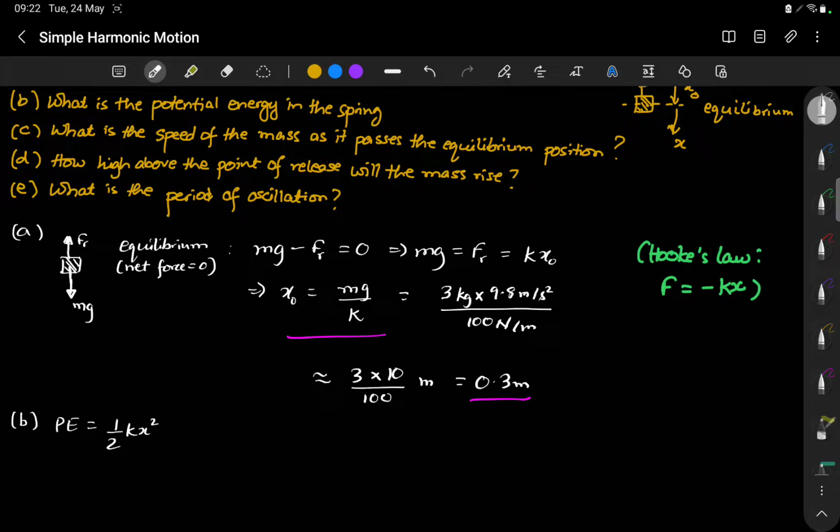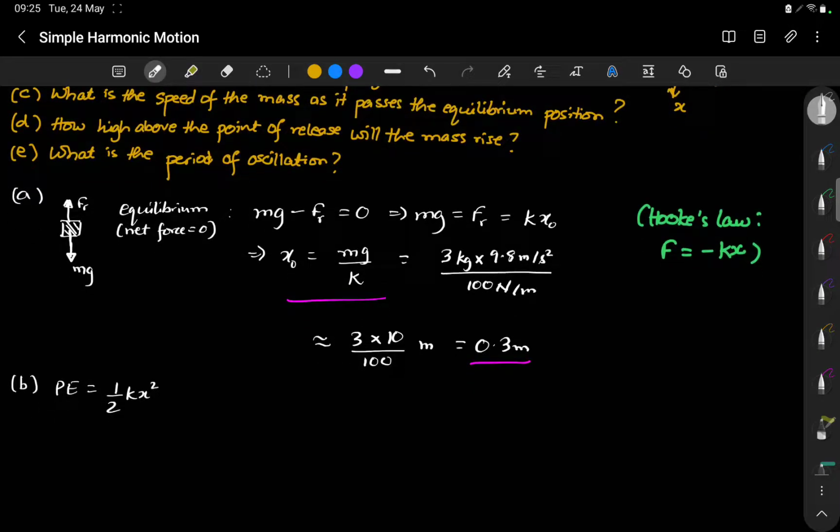So potential energy stored in the spring is half k times the square of the displacement. Knowing how much displacement we are giving and the spring constant, we can find out this potential energy from this formula.